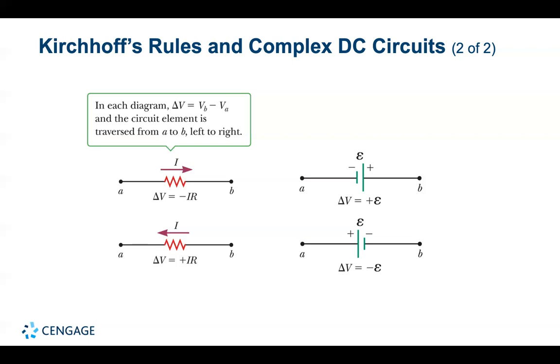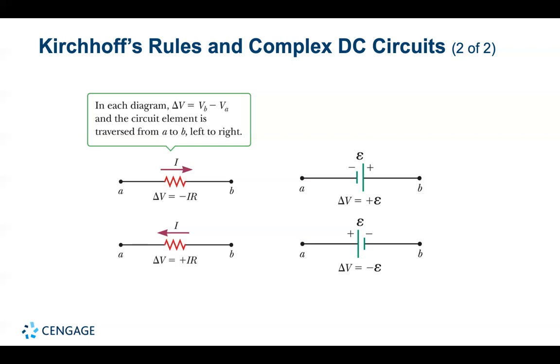As you traverse the loop, record voltage drops and rises according to the rules shown in the figures. As you can see in the top left figure, if a resistor is traversed in the direction of the current, the change in electric potential across the resistor is minus IR. If a resistor is traversed in the direction opposite to the current, the change in electric potential across the resistor is plus IR.